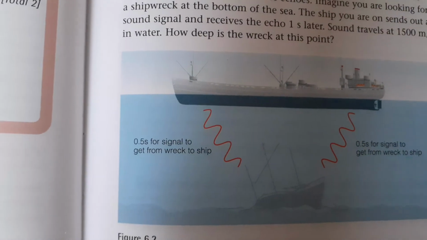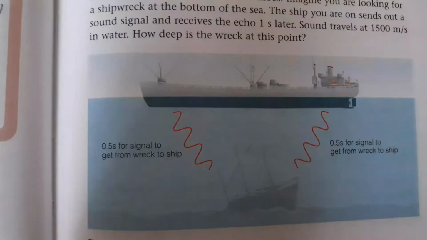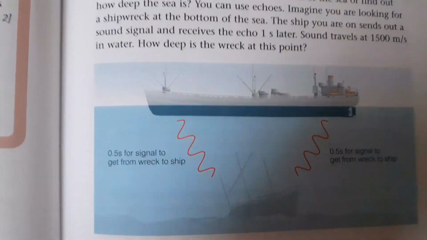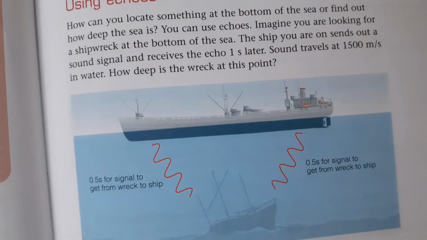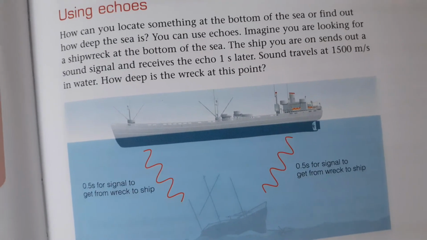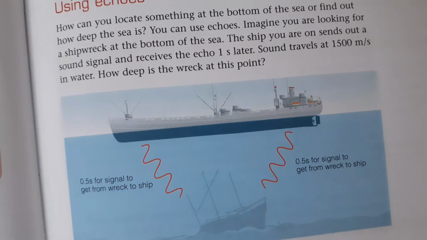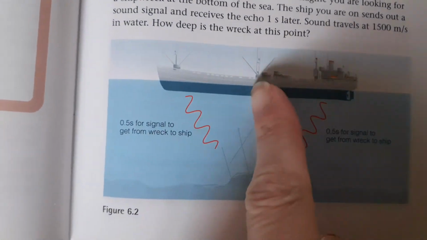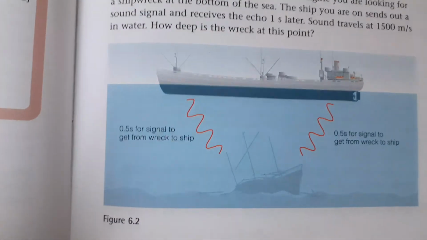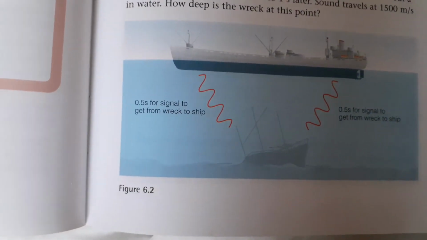So you'd have to do the time multiplied by the speed to get the distance. But because you've got double distance, you'd have to halve it. So you'd have to do half the time multiplied by the speed. Okay, so just be aware that when you've got an echo, to calculate the distance, you have to halve it.